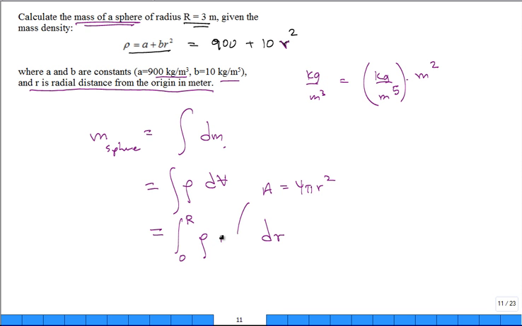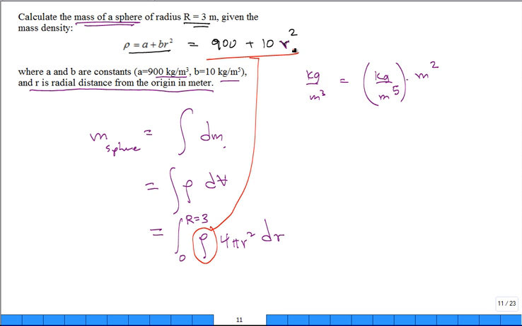So I just put 4 pi r squared dr, and then I integrate from 0 to capital R, where capital R is equal to 3. Is this going to work? And so I shove in for the density this function, 900 plus 10 times r squared.